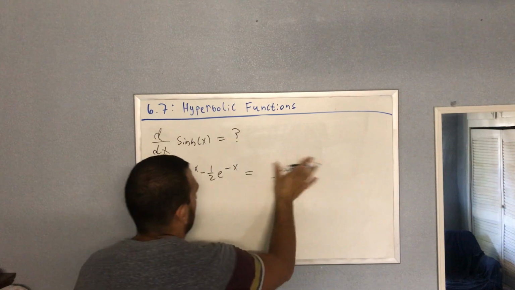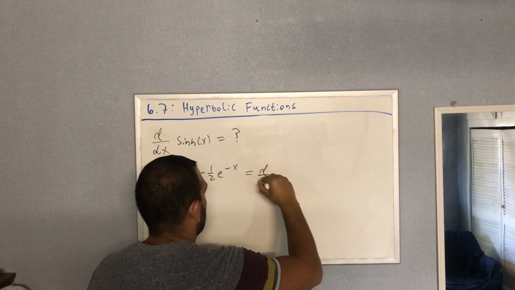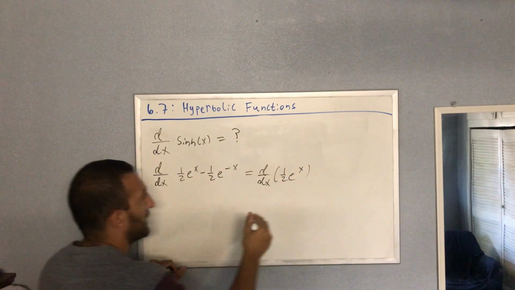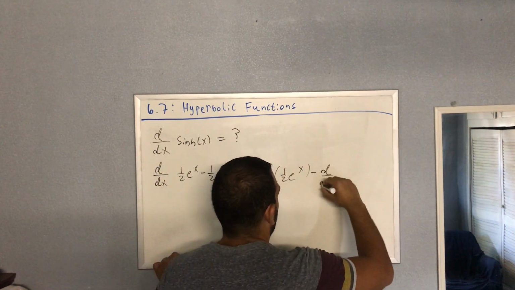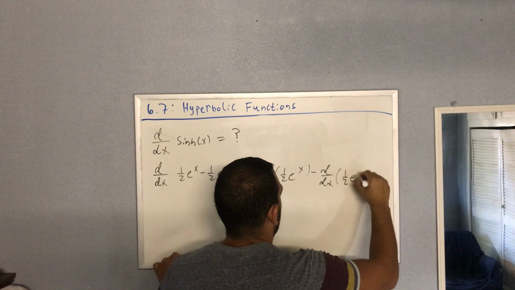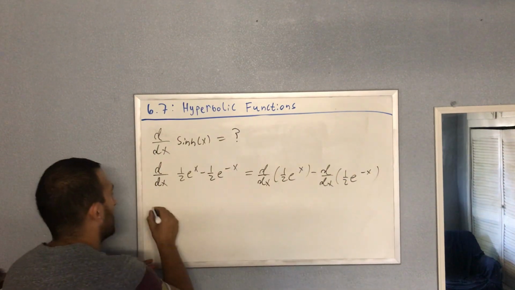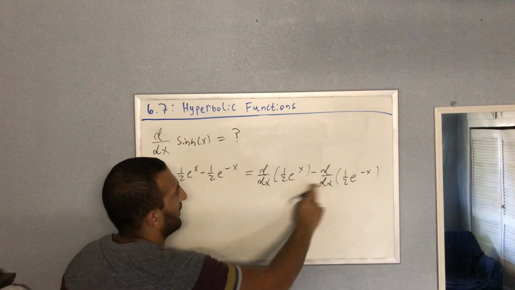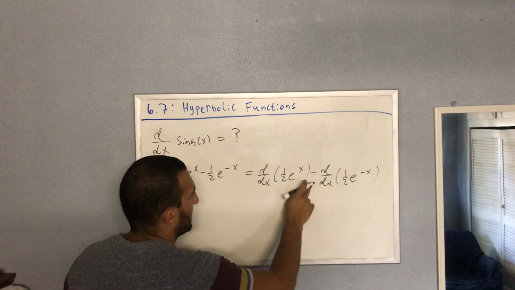Or let me maybe put this in steps. So remember, the derivative goes to each piece. And in the eyes of the derivative, remember, constants were irrelevant. Same thing with the integral, right? You can just pull these 1/2 in front of the derivative.